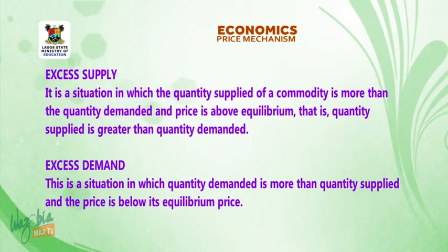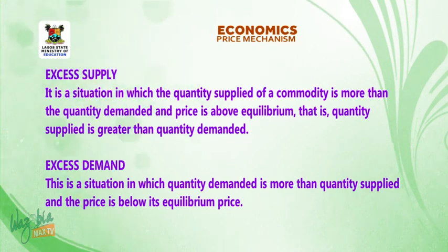Excess supply is a situation in which quantity supply of a commodity is more than quantity demanded and price is above equilibrium. That is, quantity supply is greater than quantity demanded.